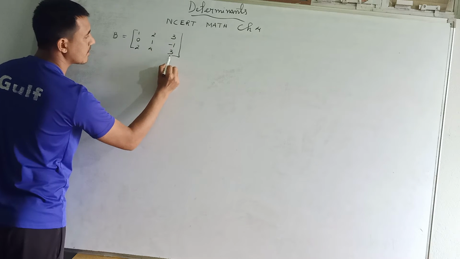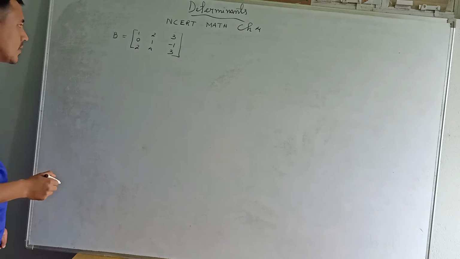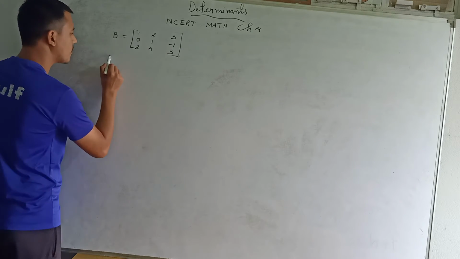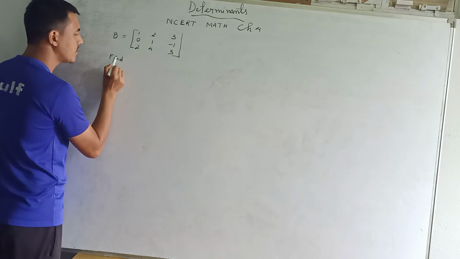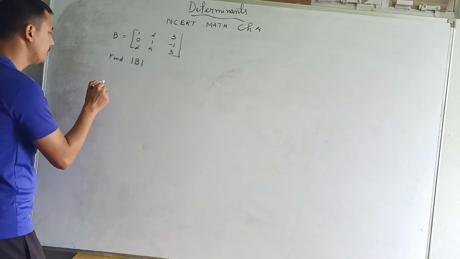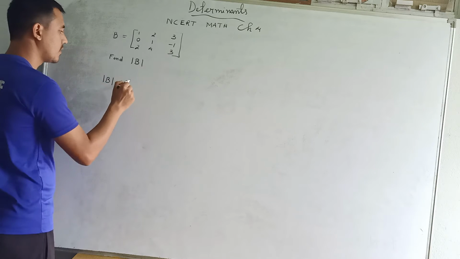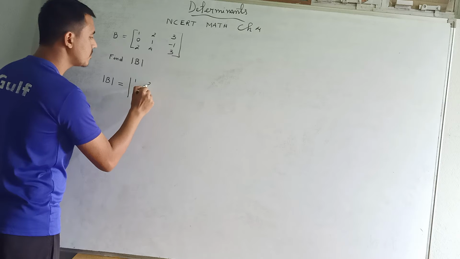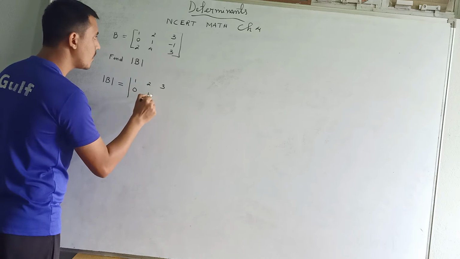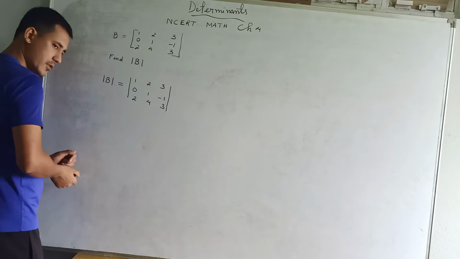I'm taking the smaller values only, so that our multiplication is easy. Now, the question is: find the determinant of B. Determinant of B is determinant of 1, 2, 3, 0, 1, minus 1, 2, 4, 3.